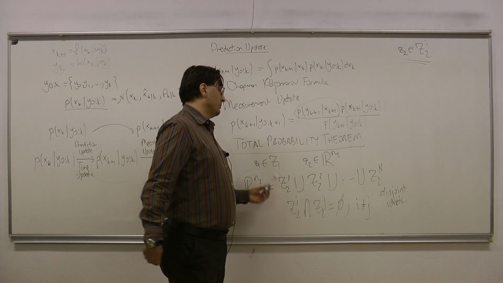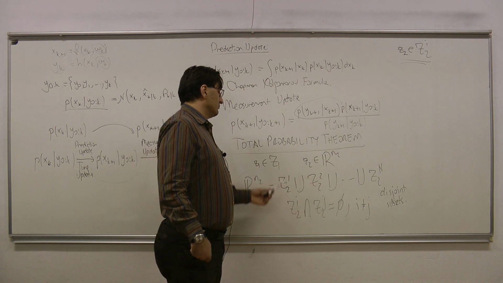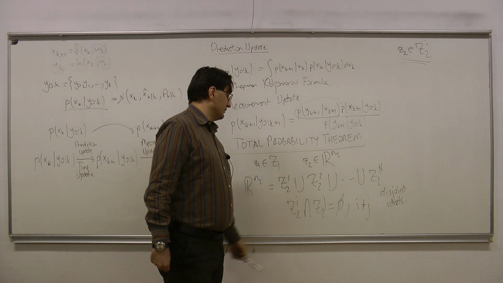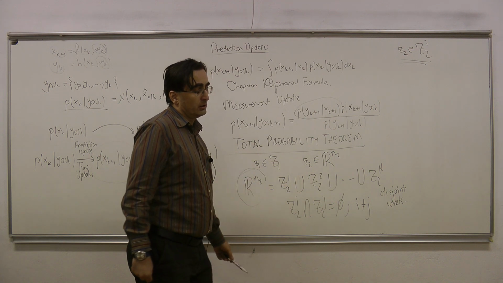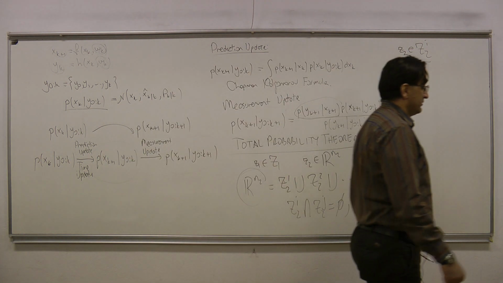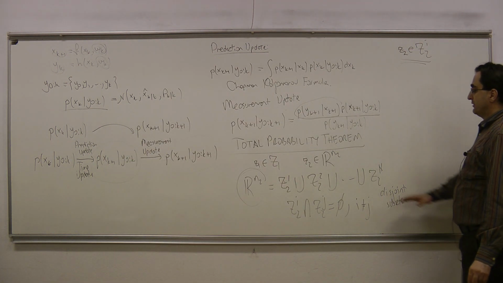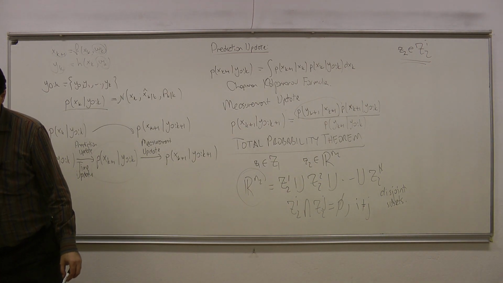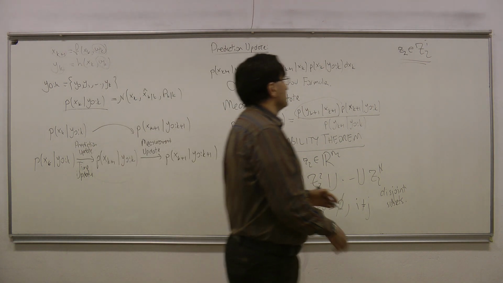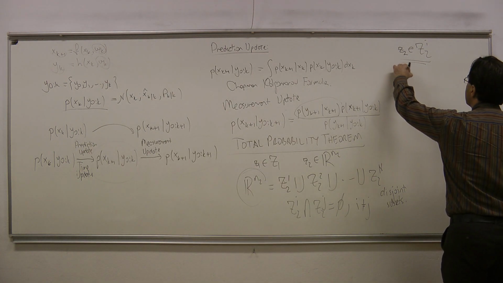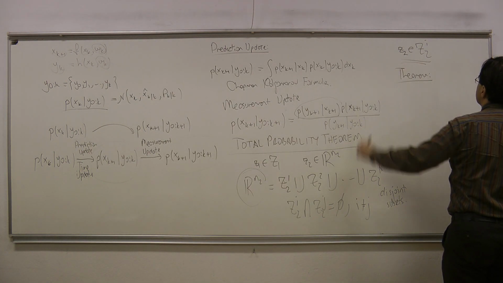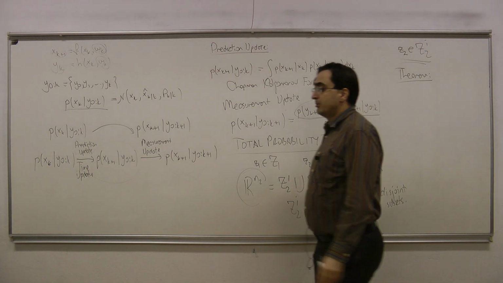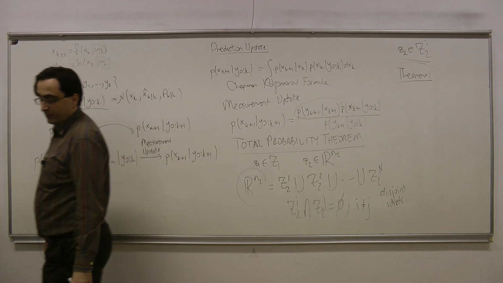And Z2 should be in one of these subsets, because the overall space is R^n2, and these subsets would cover R^n2. And then I can write the following theorem. This is the total probability theorem, if you wish.